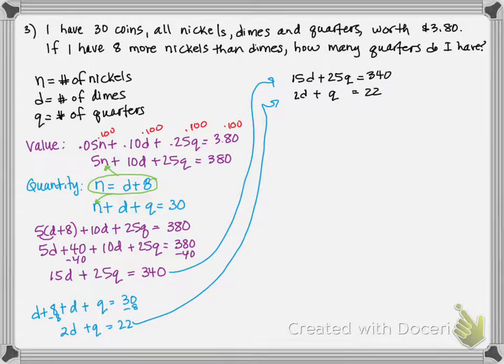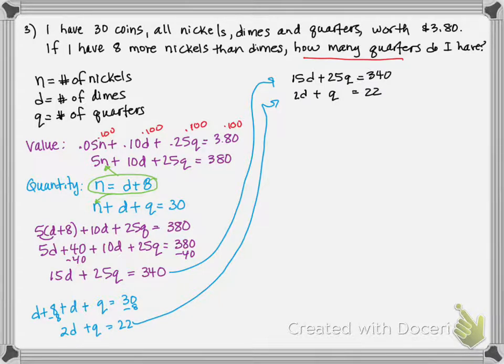Now, remember what the question asked for. It asks for how many quarters. I know some of you are thinking, what if we isolate the Q and get 22 take away 2D, and then substitute it in for Q and solve it out? Well, here's the problem. We've just eliminated the thing we're supposed to solve for. So because I want to keep the Q's, I'm going to get rid of the D's.